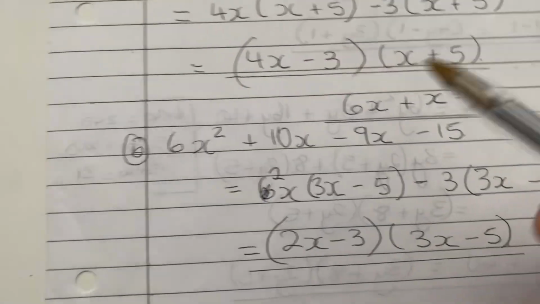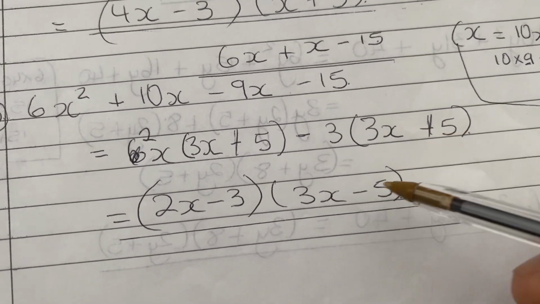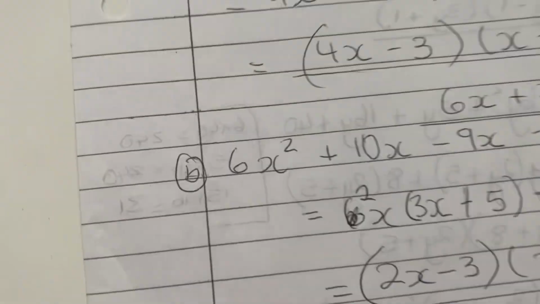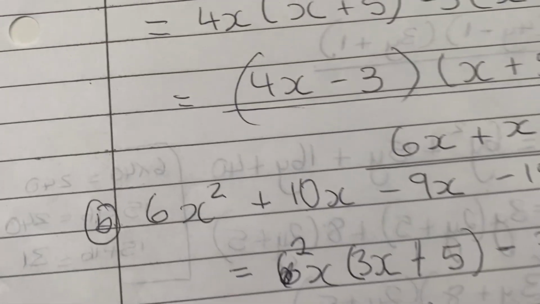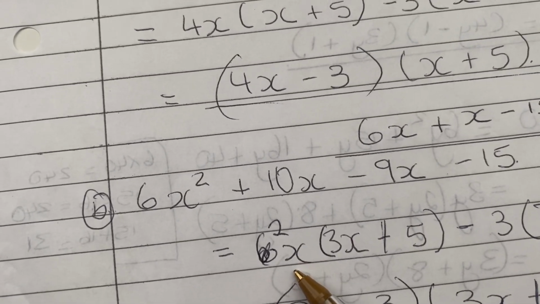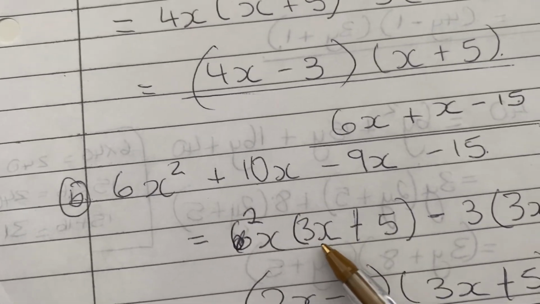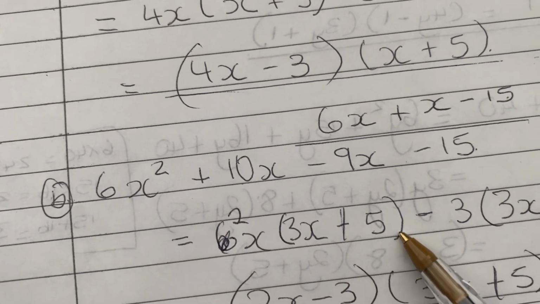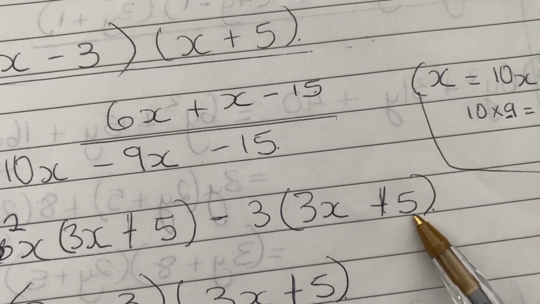No, that would be 3x plus. Okay, because if you look at the first one, I had to pause and think about it. Because this is plus here, it should be 3x plus 5, and then there should be another 3x plus 5.